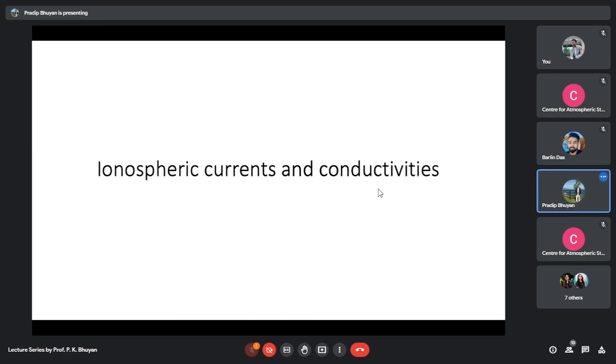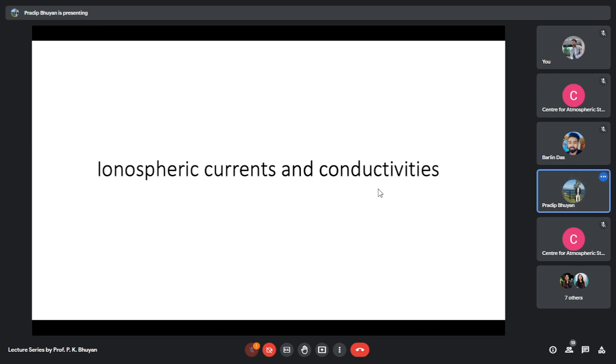So we always have currents within the ionosphere, and those currents are determined by the ionospheric conductivities. Because for current to flow, you need a conductor. If it is highly resistive, then the current will be less or may not flow.